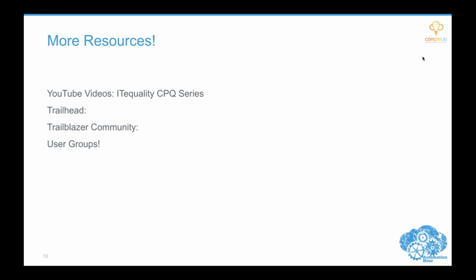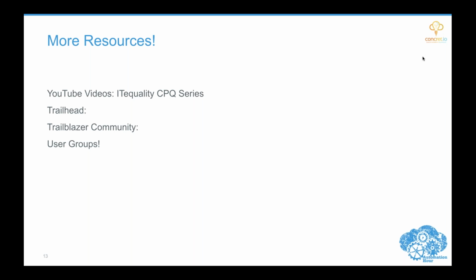And from there, I would go to Trailhead and start following along with some of the Trailhead modules that walk you through making updates or creating some price rules, product rules, adding different logic and customization. There's quite a bit of flexibility with CPQ. You can update UI settings so that you can group things together based on special criteria. It's just so flexible, and there's so much that you can do with it.